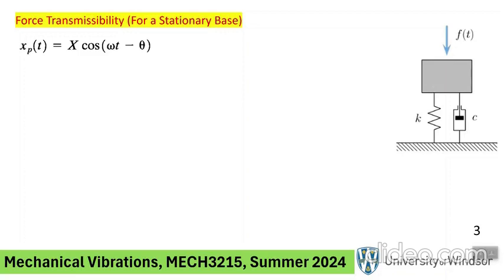If that is the case, we actually solved this problem. We solved the problem of a single degree of freedom system under harmonic loading, and we came up with what you see over here. This was the solution from last week. At the end of the day, if you give me the driving frequency omega of this oscillating force, I have to give you big X and the phase angle theta.